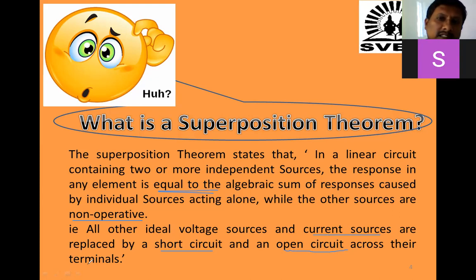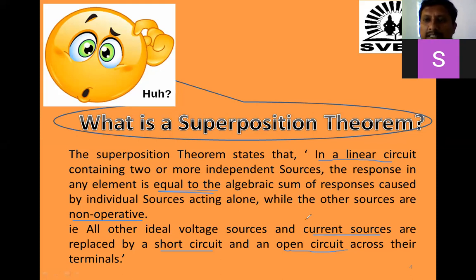Before starting the superposition theorem or any theorem, we first discussed types of sources and types of network elements. Here the first statement is, in a linear circuit. Anyone can tell what you mean by this? We have already seen linear and non-linear circuits.